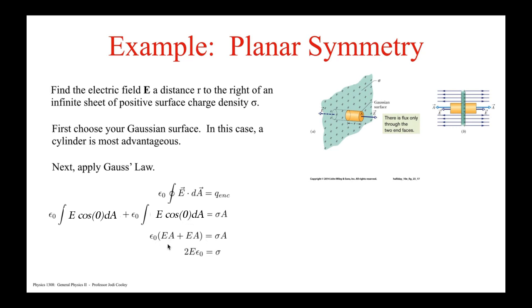When you simplify this, this will give you 2E times epsilon naught is equal to sigma, and that is because you have an A in each of these terms which cancel out on both sides of the equation. Then you just solve this for E, and you end up with E is equal to sigma divided by 2 epsilon naught. This is your expression for a sheet of charge.